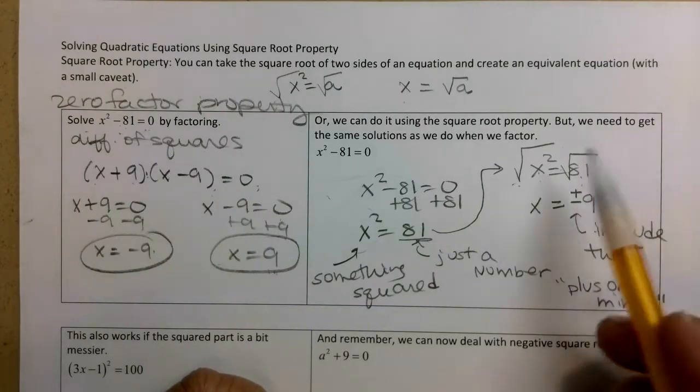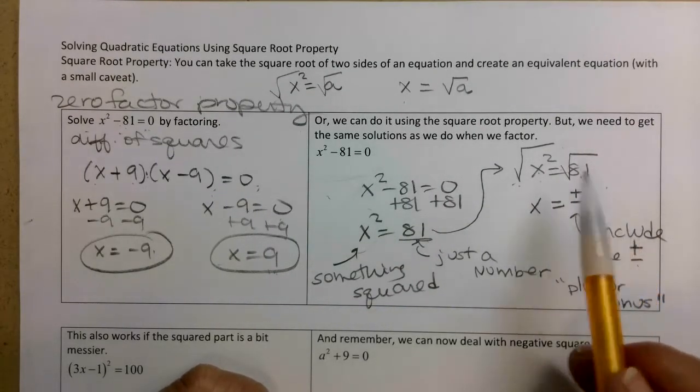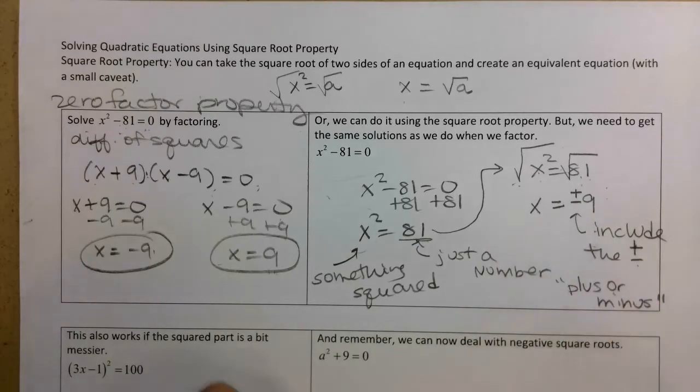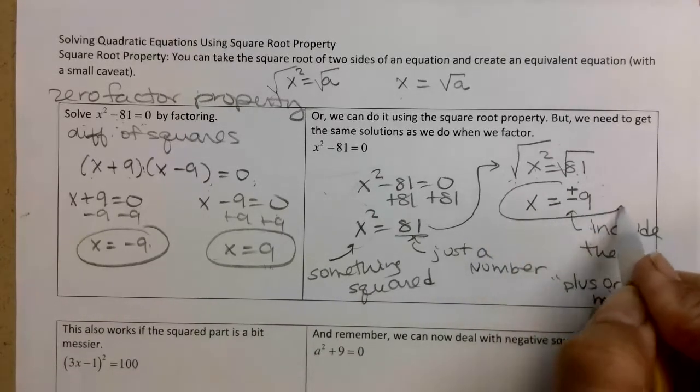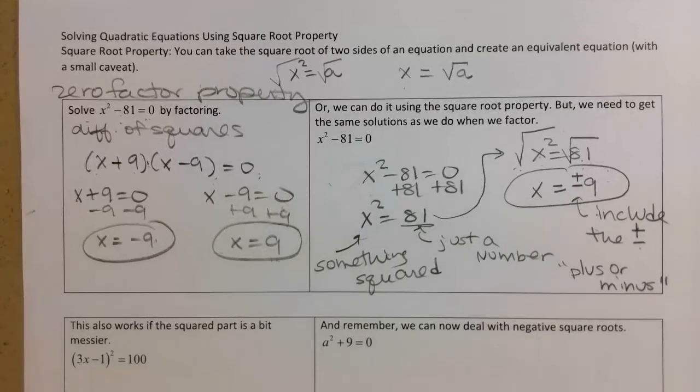We do it right after we take the square root, and you can put the plus or minus on either side. It doesn't matter. It's usually more convenient to put it with the numeric value, but you want to do it right as you take the square root. And there are the same two solutions.